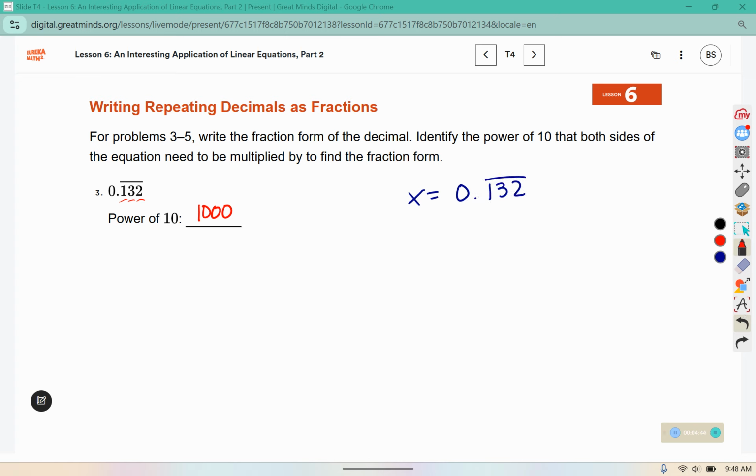And then we need 1,000x. And then we're going to subtract them.